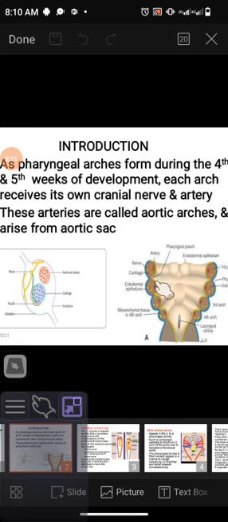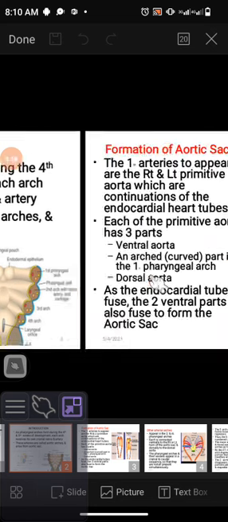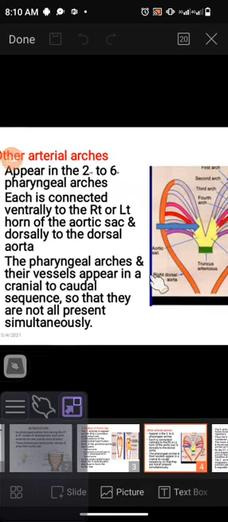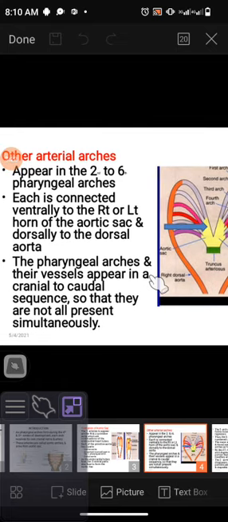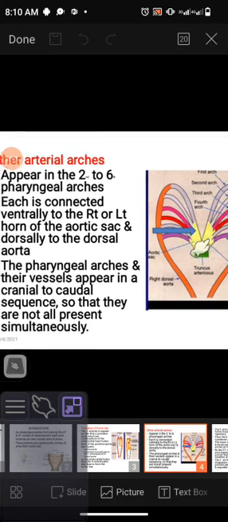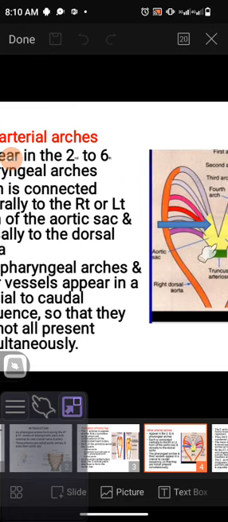Look at it here. This is the pharyngeal pouch. Okay. So the 2nd to 6th pharyngeal arches are going to arise from there, and they'll be connected ventrally to this aortic sac and dorsally to this dorsal aorta.